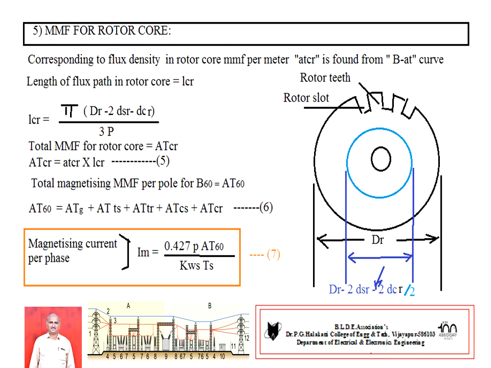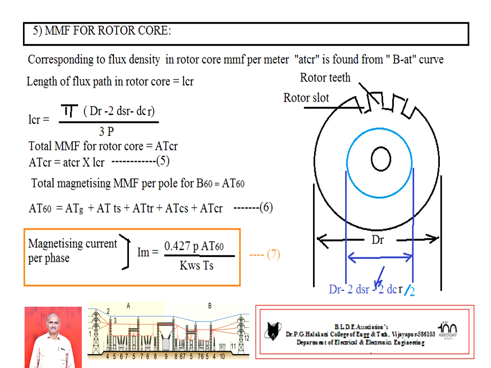After developing the mmf for all five things: air gap, stator core, stator teeth, rotor core, rotor teeth, hence you calculate total magnetizing mmf per pole for B 60 degree, that is flux density at 60 degree.